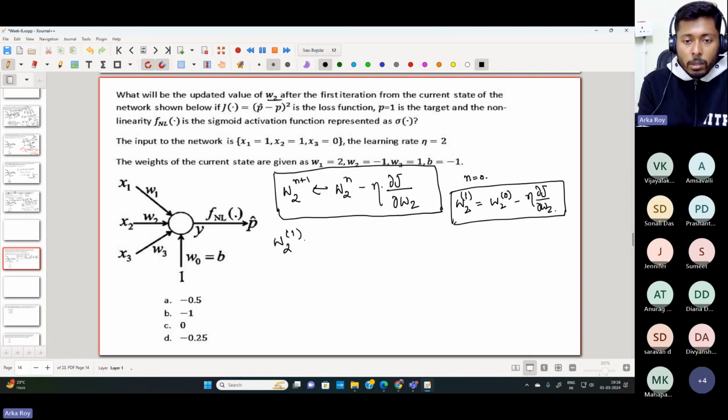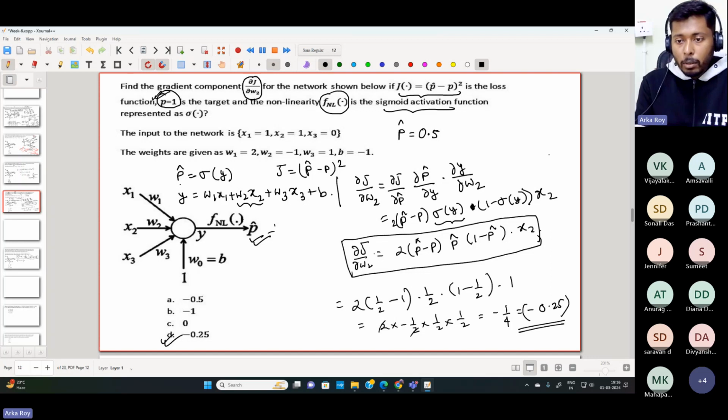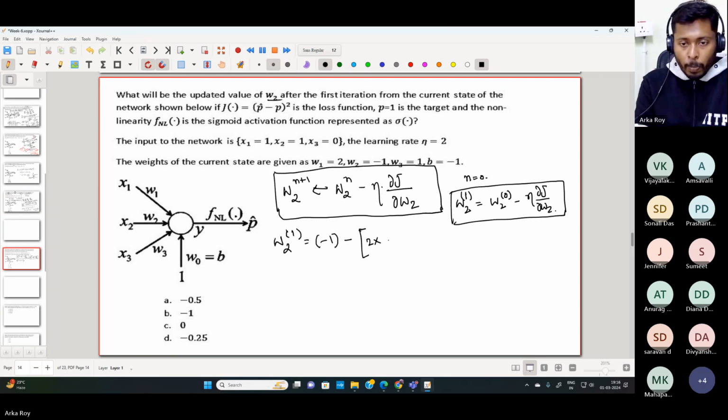So now let us find what W2 with superscript 1 is. The W2 initial value, which they have given, is -1. Eta value is 2 and del J by del W2 we just evaluated: it is minus 0.25, minus 1/4.